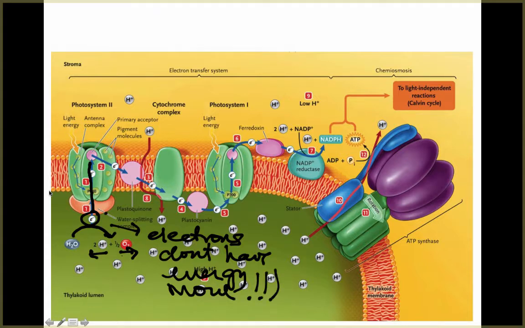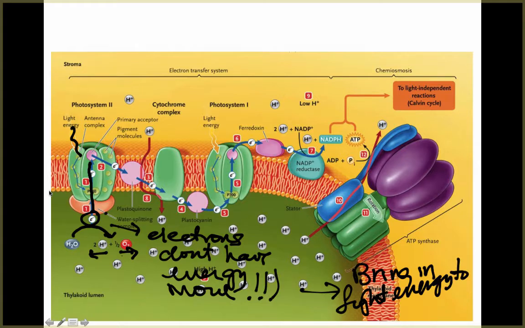It's kind of like us. We're on the couch. We don't have enough energy to move. So let's get energy. So they bring in light energy so that they can move. Right? So that's what this whole process of photosystem 1 is.